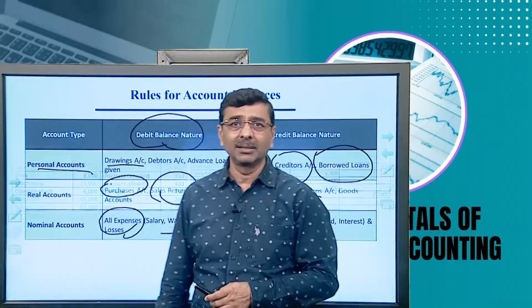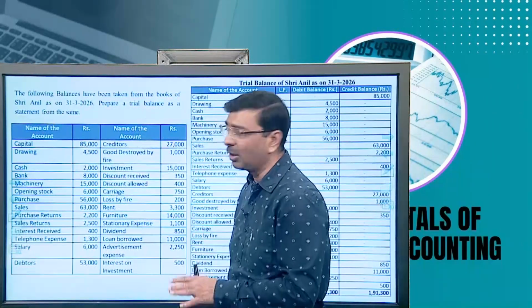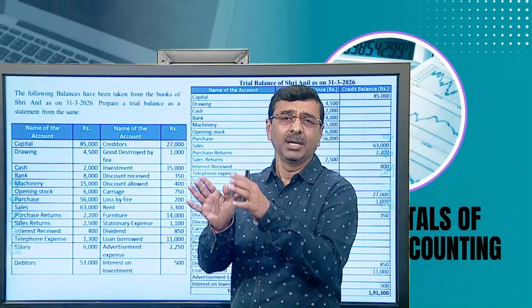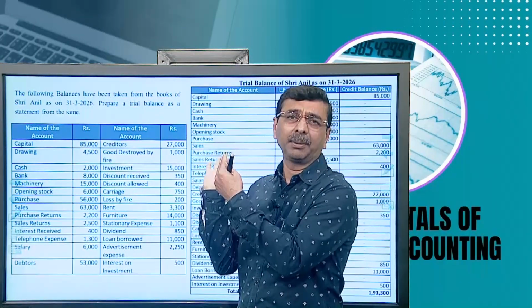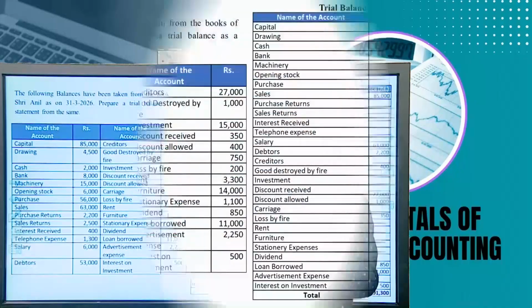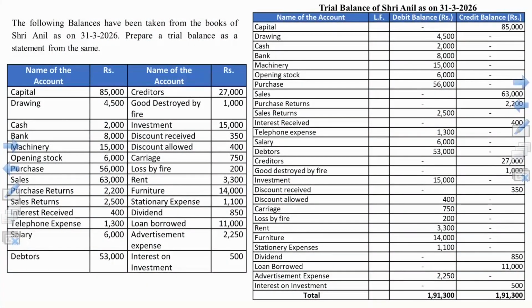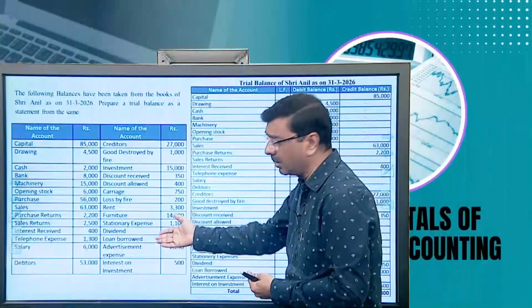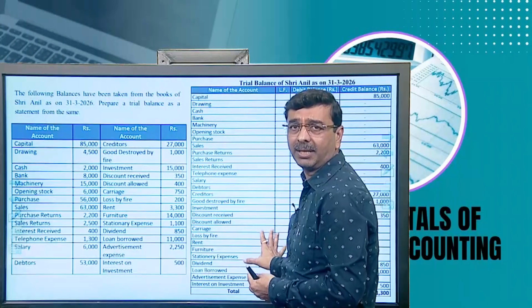So these are the establishing things of the transactions considered at the time of preparing a trial balance, because by nature these transactions were actually recorded in these books of accounts. Now here is an example of how these balances were recorded in the trial balance.